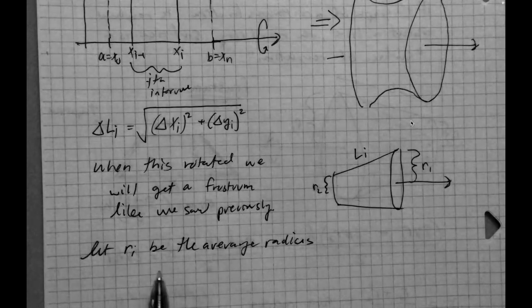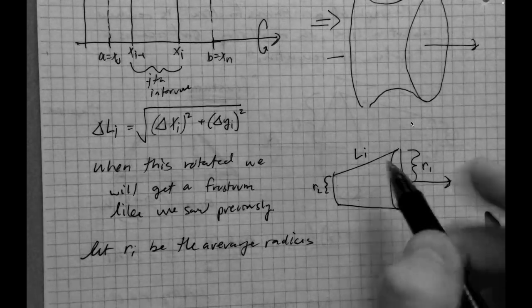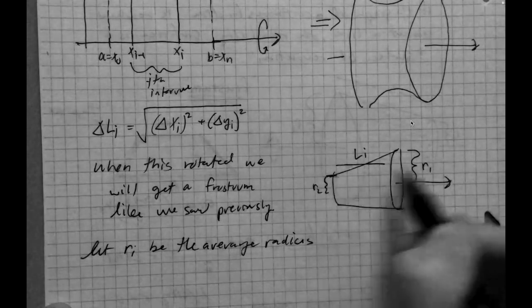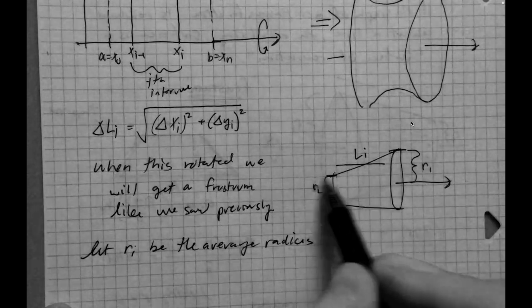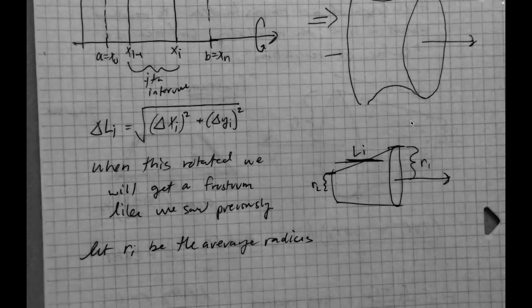So if that's the case, then by the intermediate value theorem. So what does that mean? It means that your Ri is going to be somewhere between R1 and R2, right? It's going to be somewhere in this range. So maybe it's like right there. I'm just eyeballing it.